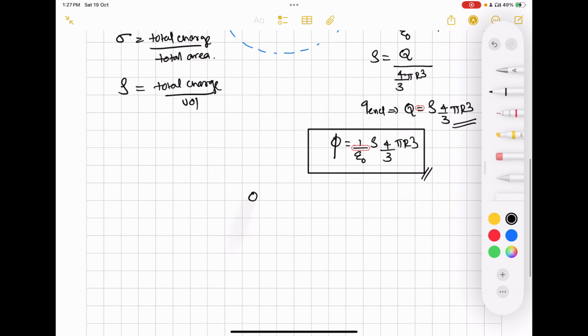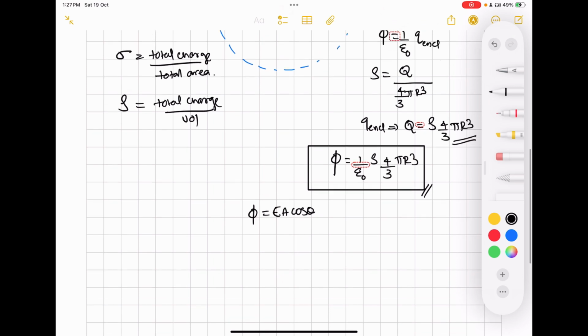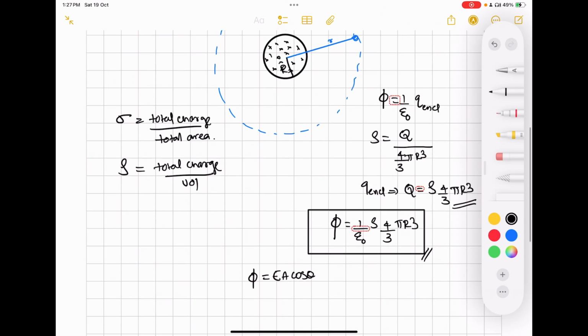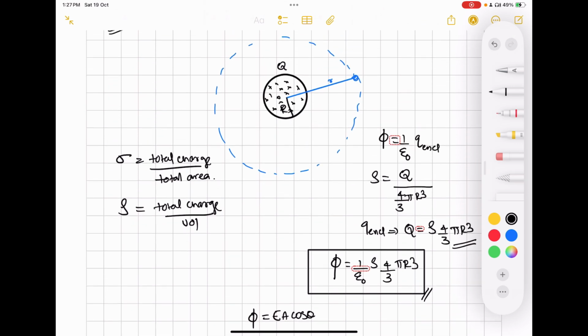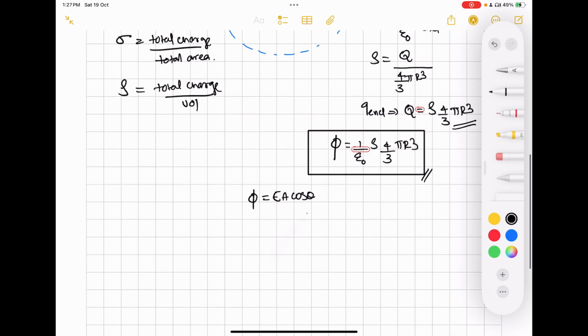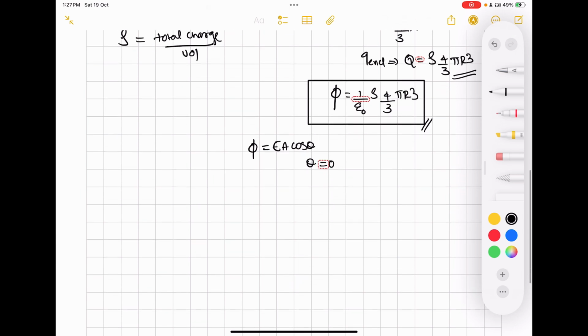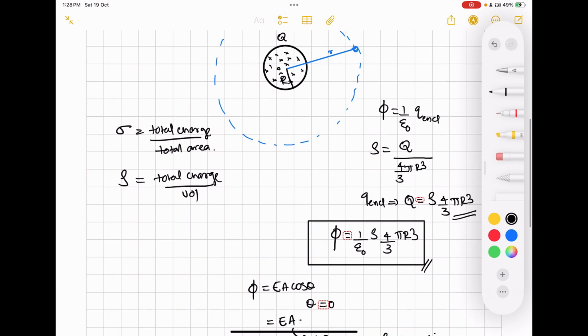Now we have phi is equal to EA cos theta. Since it's a sphere, the area vector is along the outward normal and the electric field is also in the outward direction. Hence, theta is equal to 0. Therefore, phi is equal to E into A. What is this A? This is the area of the Gaussian surface, the area through which the flux flows.